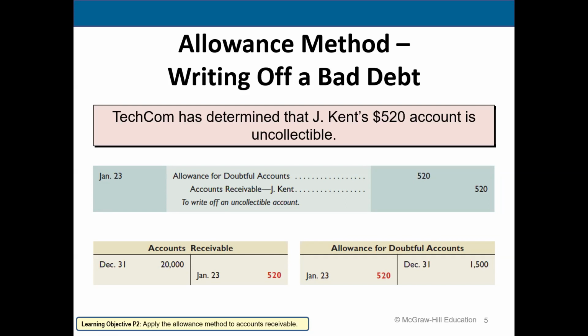So what we have to do now is reduce the allowance for doubtful accounts and specifically write off the account receivable. So when we're done with this, our allowance for doubtful accounts is less, but our account receivable balance for Mr. Kent is gone. So on our books, Mr. Kent doesn't owe us any more money.